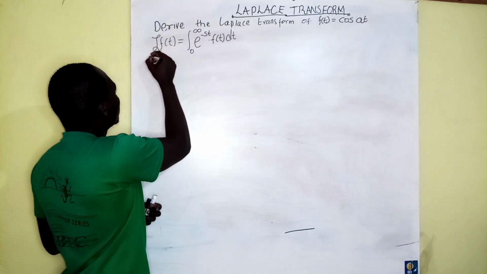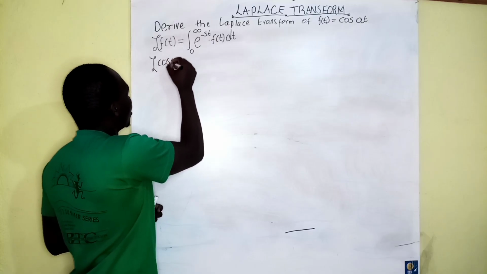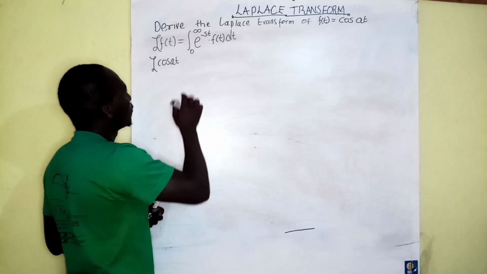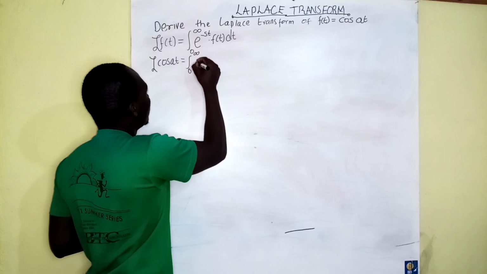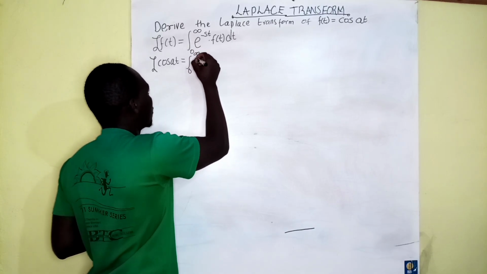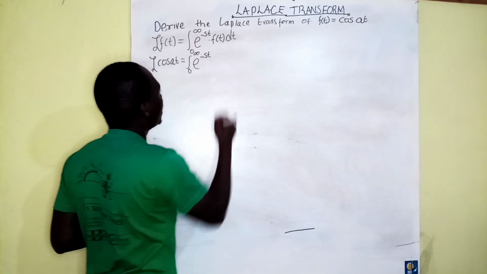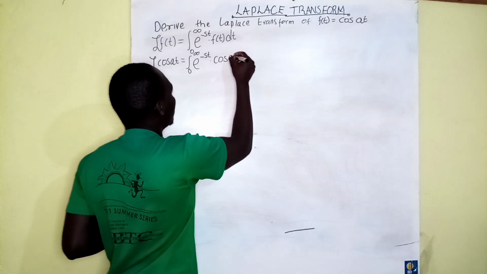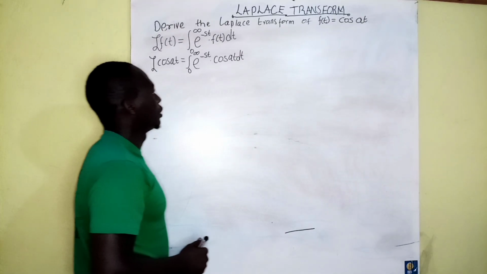Now, at this step, we are going to say that the Laplace transform of cos at, because cos at is equal to a function f of t, is equal to the integration with respect to our limits, the upper limit and the lower limit, of exponential negative st multiplied by our function f of t, which is cos at, and our integration is with respect to dt.